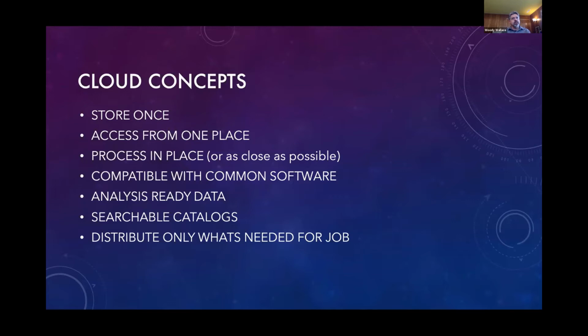Some of these things are storing the data once in one place and then not storing copies of it, because as you can imagine, if the data set's that large, then it's expensive just to store one copy. And making additional copies of that only increases the cost for everyone. And so if you're going to do that, then you want to be able to make it accessible in that one location to as many people as possible.